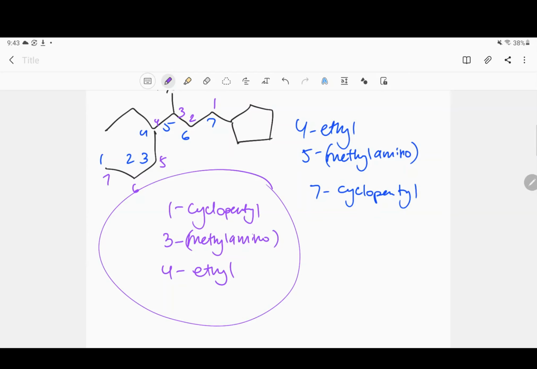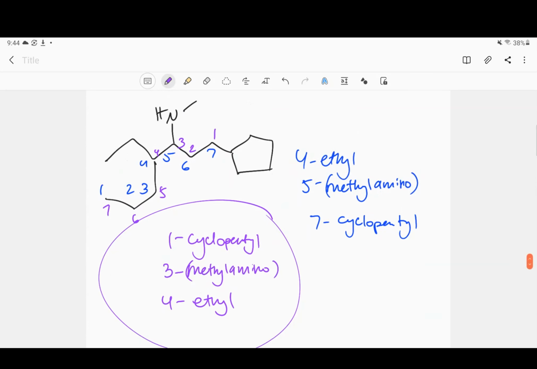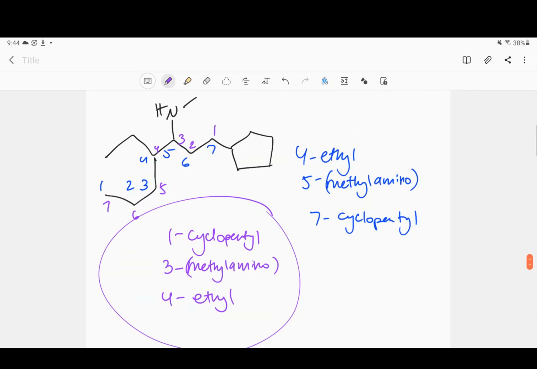So that's where we're going to choose to do the numbering from. You could name it as methylamino, or you can say 3 amino, and then also N-methyl. So you'd have to say both of those names, or methylamino.